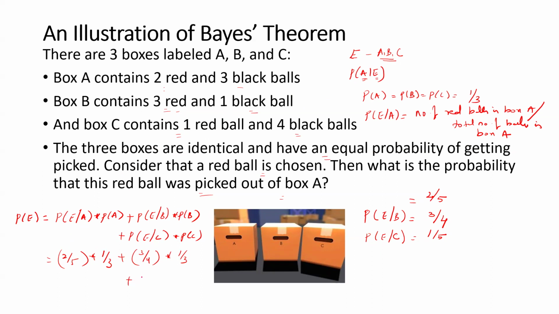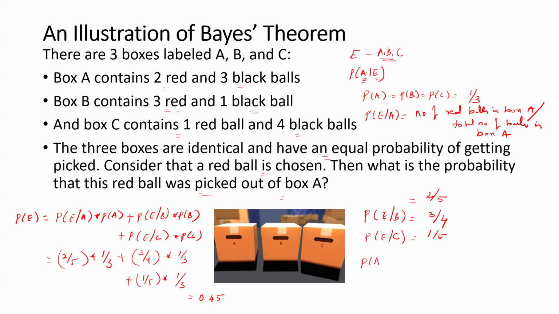Probability of E given C is 1 by 5, into probability of C, which is 1 by 3. When you calculate all these, the probability of E you will get is 0.45.